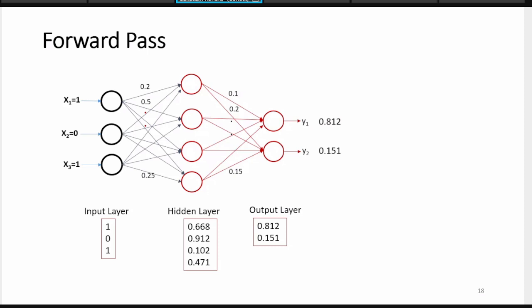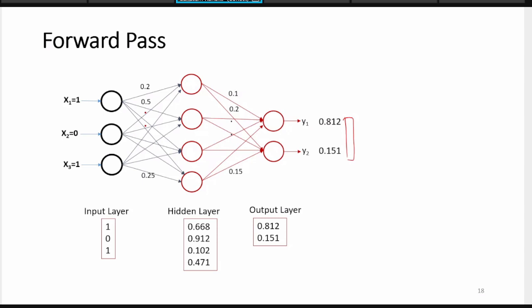This is a very simple step. You perform the perceptron, the activation function, and so on, and you go up to the output layer, which produces one vector. So now the question is, is the output that you are getting the output that you are expecting?